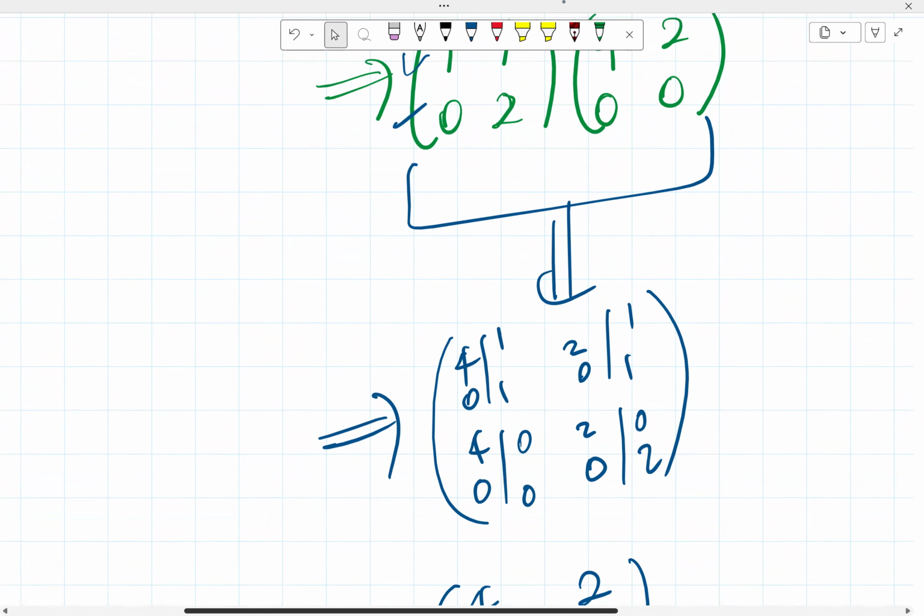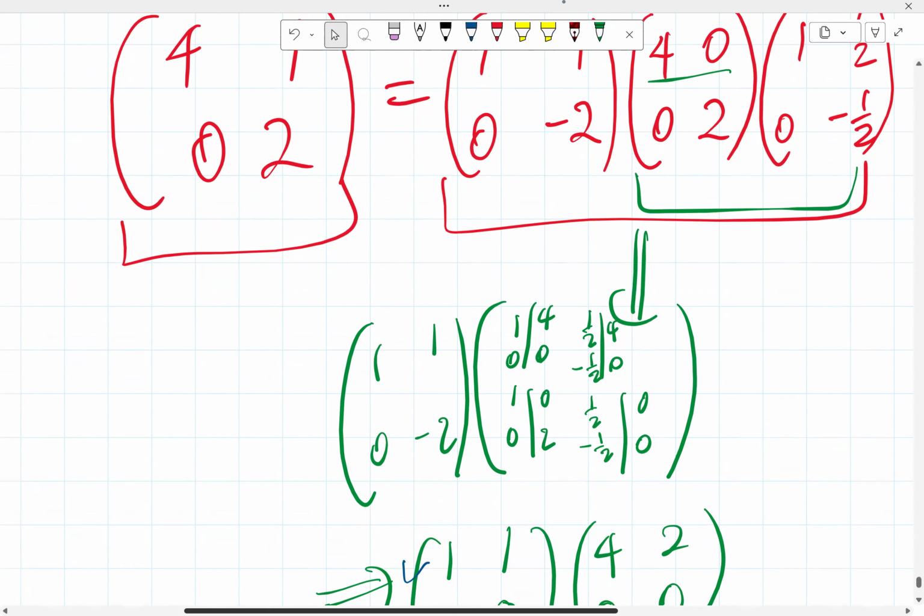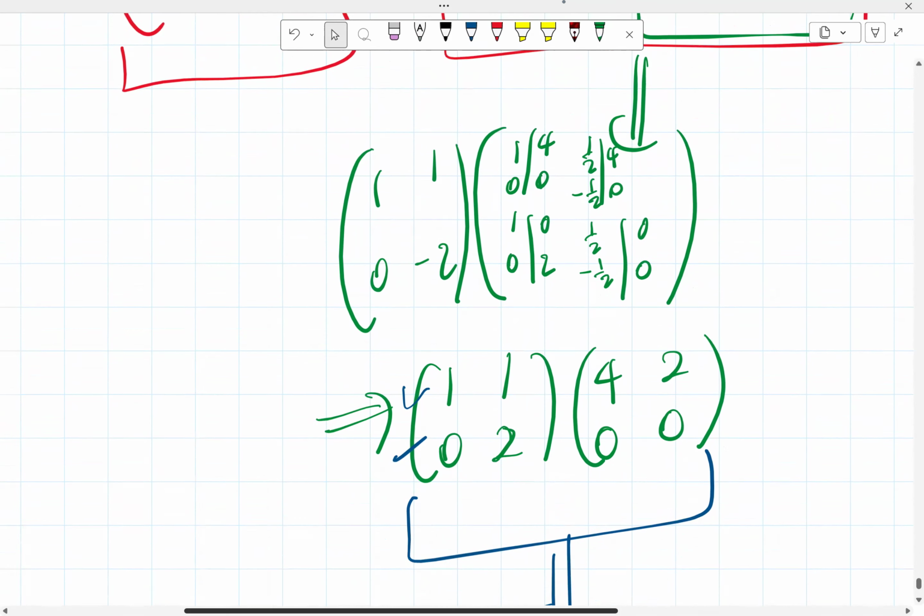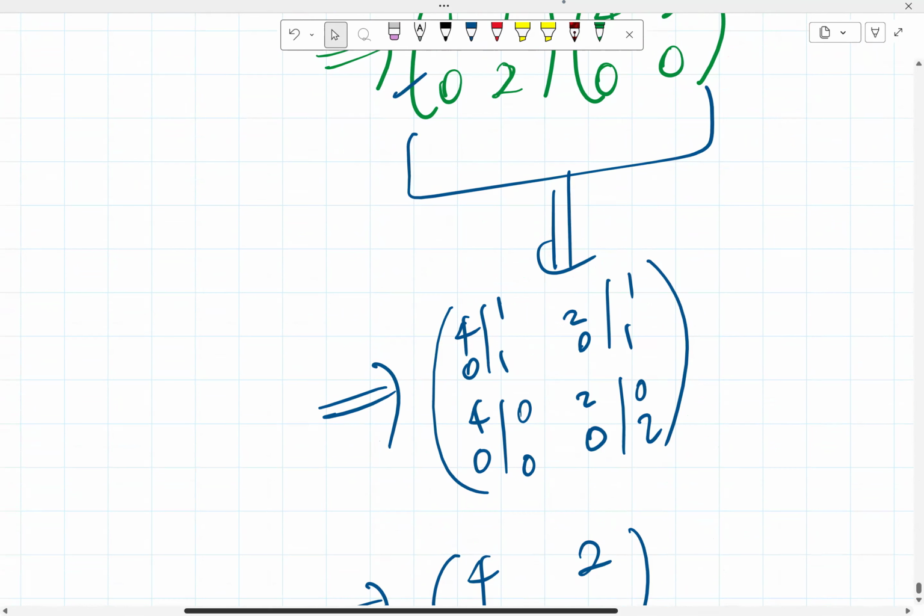Seriously? Something is not right. If we are expecting [4 1; 0 2], something is not correct.